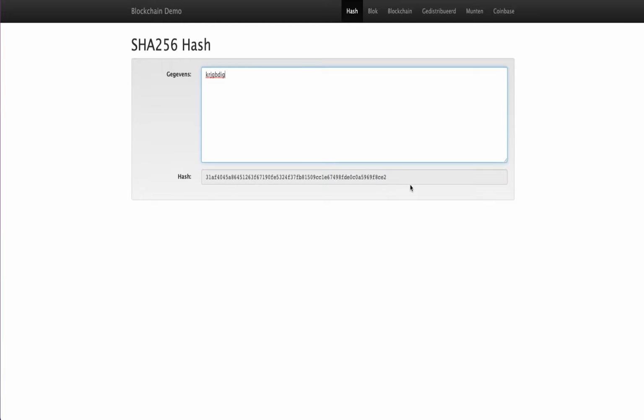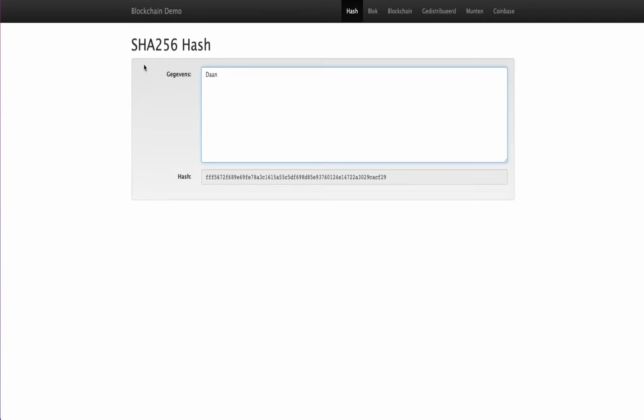So this hash is the digital fingerprint of this piece of data. When I type my name, you also see the hash changed. And when I type my name again, it's exactly the same hash as the previous time I typed my name. So like I said, it's a digital fingerprint of one piece of data.